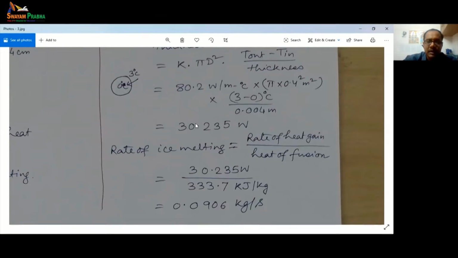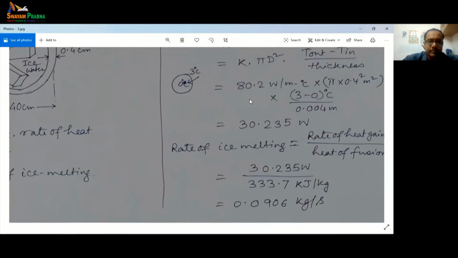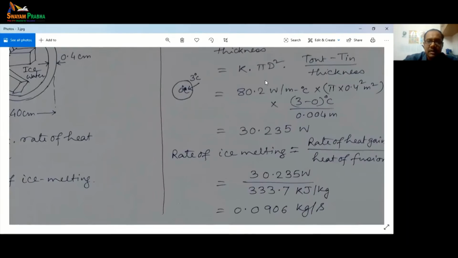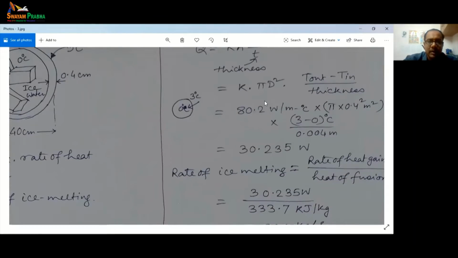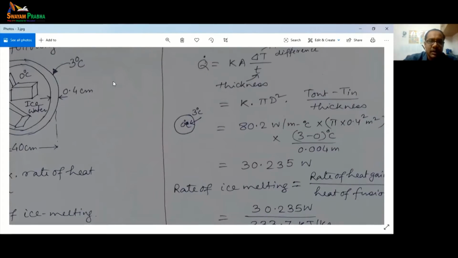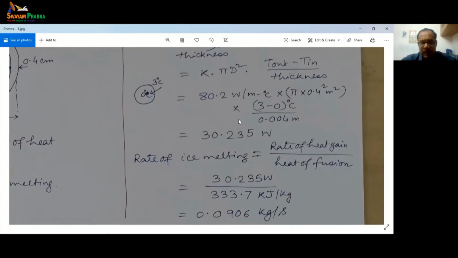The rate of heat transfer here is 30.235 watt. And we are assuming it's a steady state heat transfer problem, because we are not assuming that this 3 degrees centigrade is changing with time. Everything is staying the same, and under this condition the heat transfer rate will be 30.235 watt.